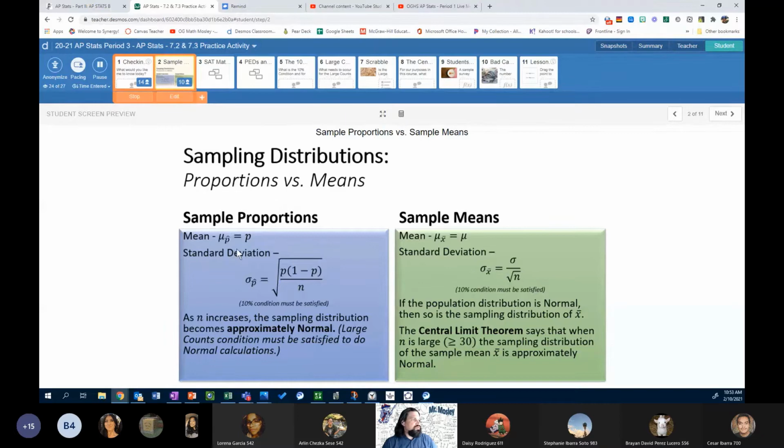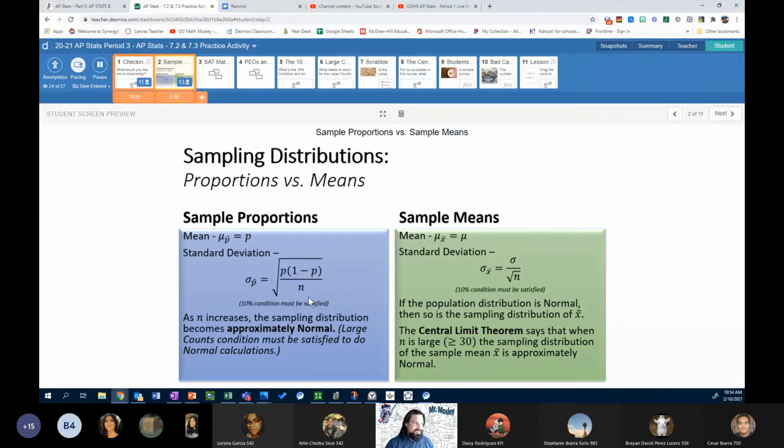With sample proportions, the mean of the sample proportions is equal to p, the proportion of interest from the population. It's our parameter. The standard deviation of the sample proportions is the square root of p times 1 minus p, divided by n, the size of our sample.